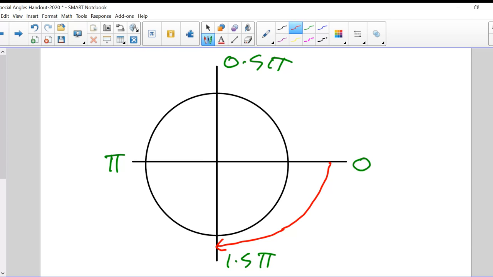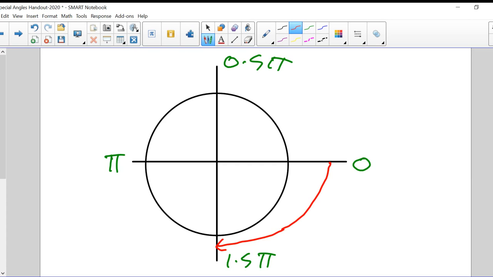This rotation I've just done is a half pi, which, if it was a positive half, would have been going this way. But it's a negative half, so I'm going this way. And therefore I'm going to end up right on the y-axis, but on the negative side of the y-axis.